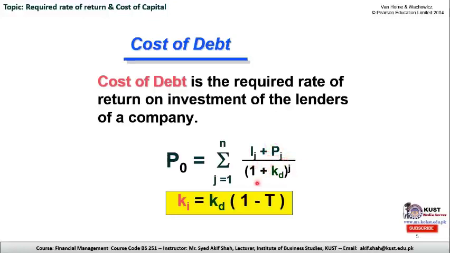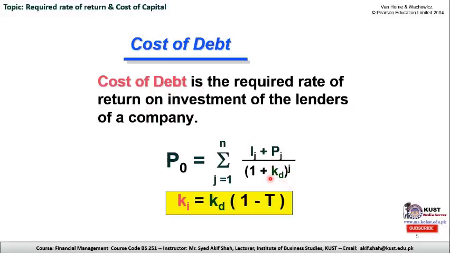The whole is divided by 1 plus kd raised to the power j. Here kd is the percentage we have to find out for our company, which is named the cost of the debt instrument. So dear student, know that this kd refers to the before-tax cost of the debt instrument.